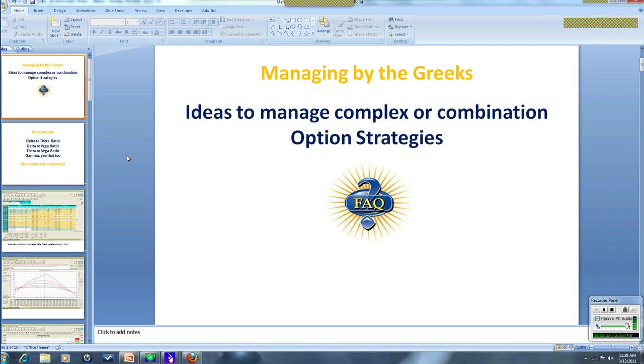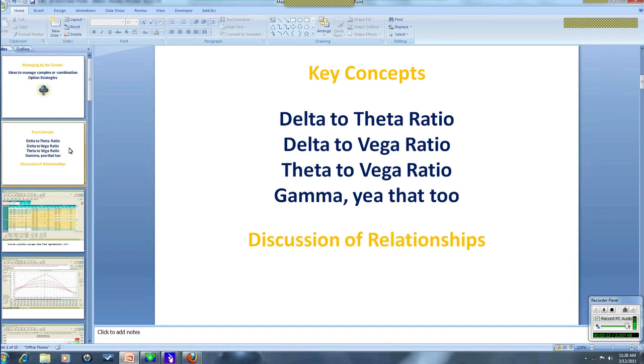So, to me, the key concepts of managing by the Greeks would be to keep these ratios in mind: your delta to theta ratio, your delta to vega ratio, theta to vega, and of course gamma as well, which is probably the least talked about Greek of all.